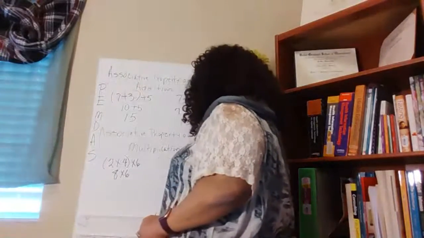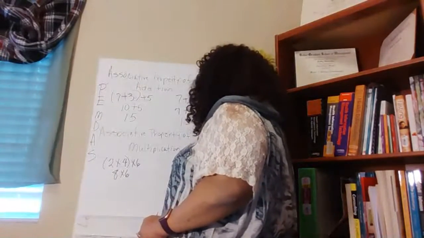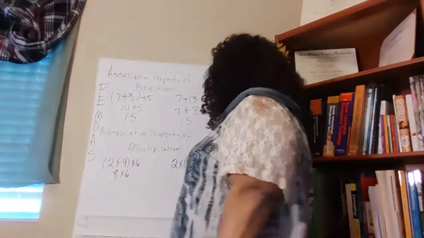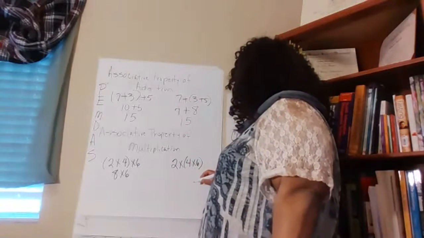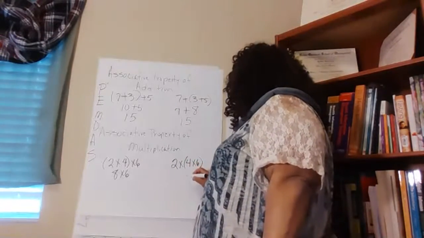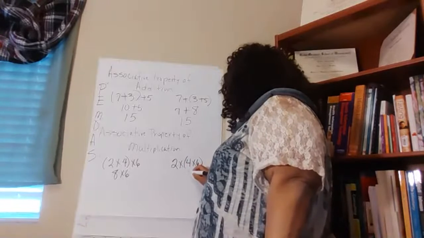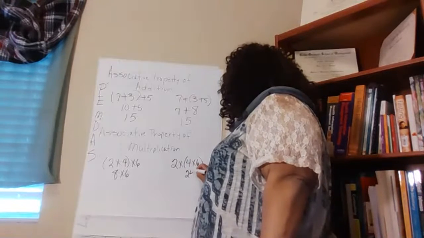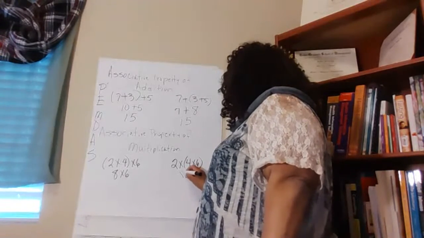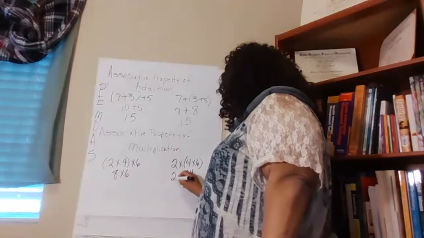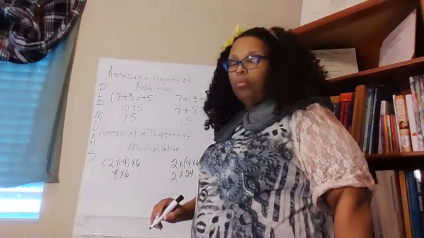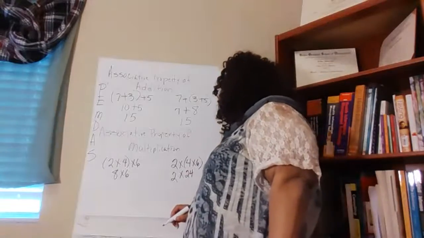Okay, now let's go to the other side. What's in the parentheses over here? 4 times 6. What is 4 times 6? 24. 24, very good. Automatically bring down the X, bring down the 2. Okay?